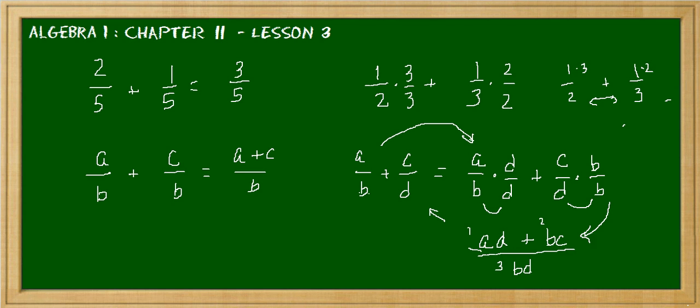We ended up with 6/21, and we took 1/3 and multiplied it by 7 over 7, and we ended up with 7/21. Now we're supposed to subtract the 2/7 from the 1/3. So the 1/3 is what we're going to start with, and that will be 7 over 21, and we subtract 6 over 21, and we end up with 1/21.